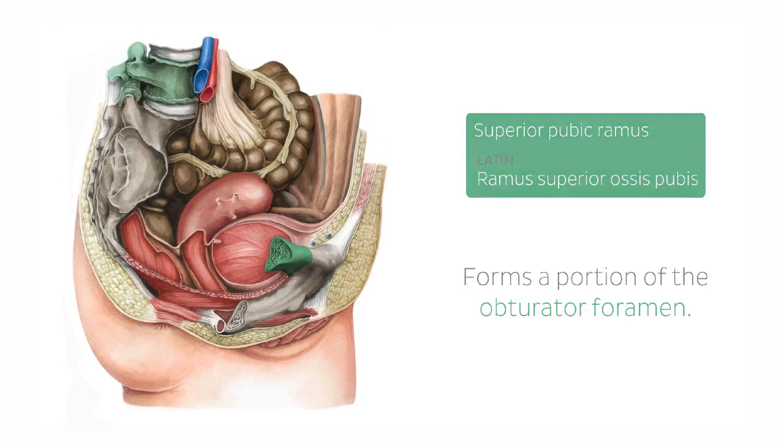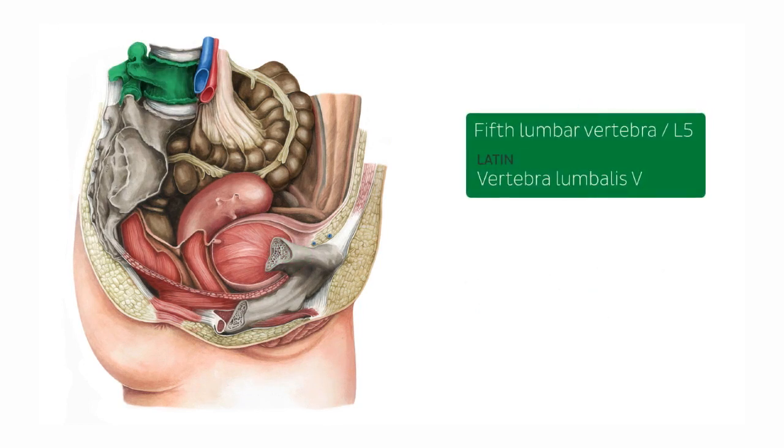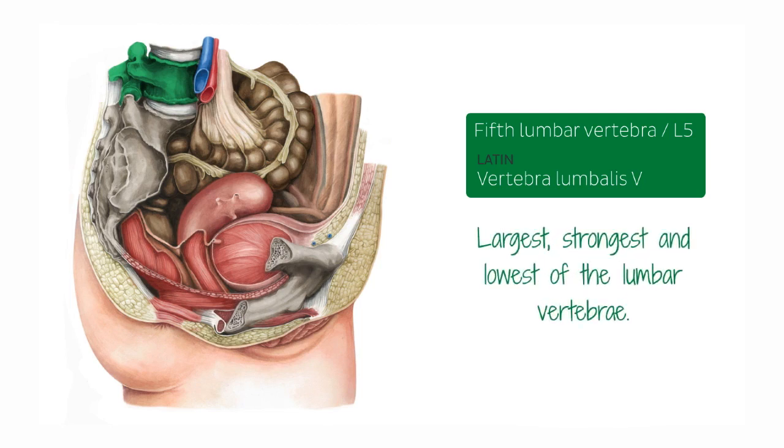Now the next bone that we can see highlighted is known as the fifth lumbar vertebra, also commonly known as L5. The fifth lumbar vertebra is the largest and the strongest, and is found on the lowest portion of the vertebral column. So you can also say that this is the lowest of the lumbar vertebrae.